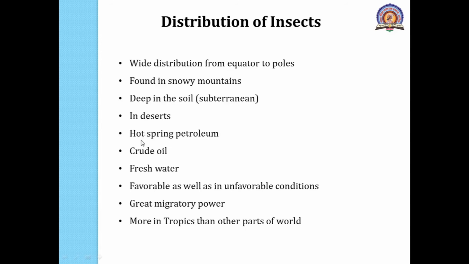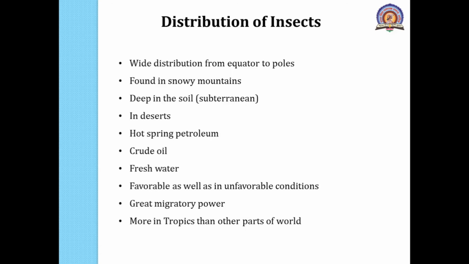Then they are also found in hot spring petroleums. A few of the insects also inhabit areas near crude oil. Many insects live in fresh water, and very few are known from seawater. So this wide distribution is correlated with extremely favorable conditions.